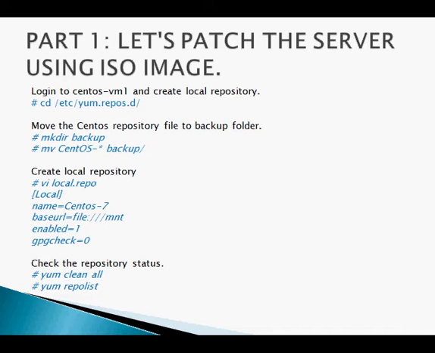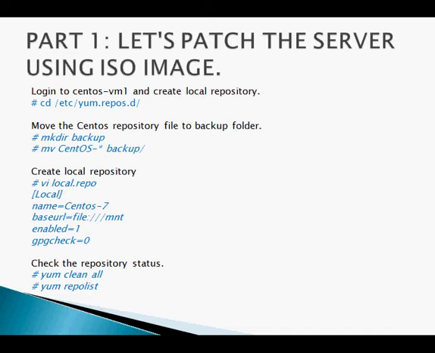In the local repo, the name will be CentOS. The base URL is one of the most important, where in this scenario it will be file:///mnt. The mnt is the partition on which we have mounted the ISO image. Then we will set enabled equal to 1, and GPG check we will keep 0.